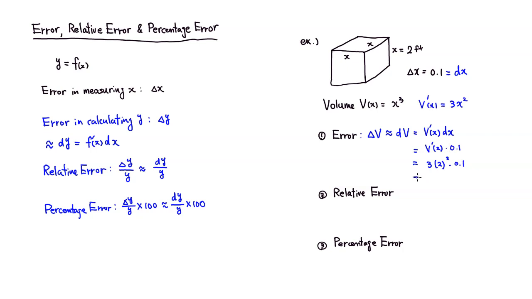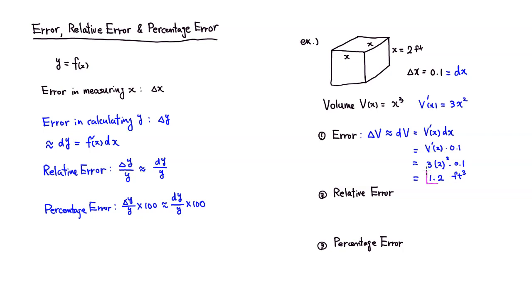So what's that? 2 times 2 is 4, times 3 is 12. 12 times 0.1 is going to be 1.2. So 1.2 cubic feet is the error.